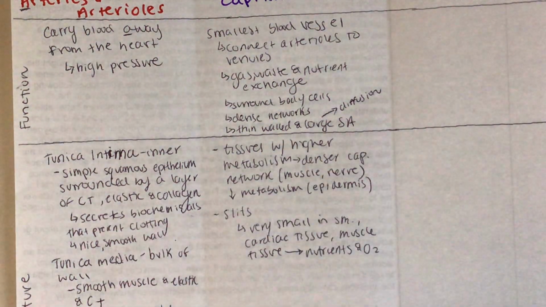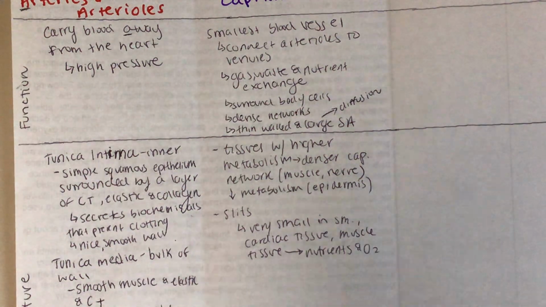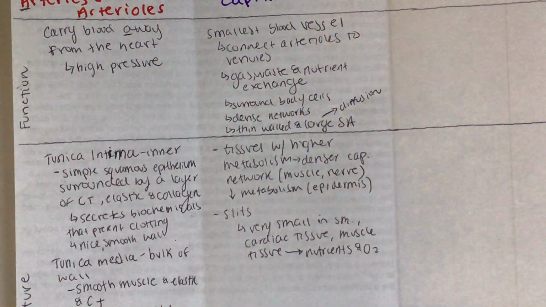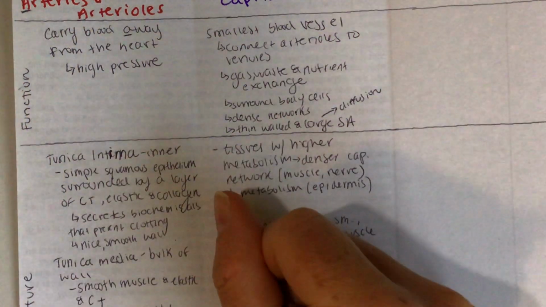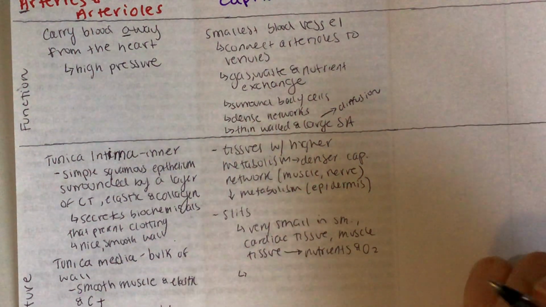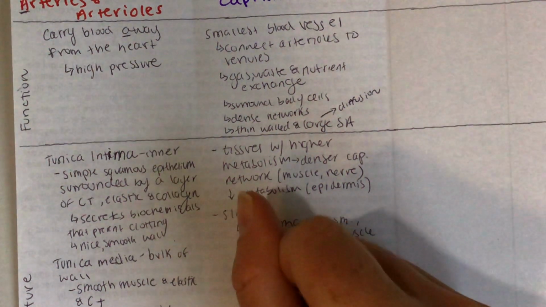And so we only want really small slits, so nothing bigger moves on through. And then when we look at other organs like the liver, the spleen, the kidneys, we're going to have nice and large slits.